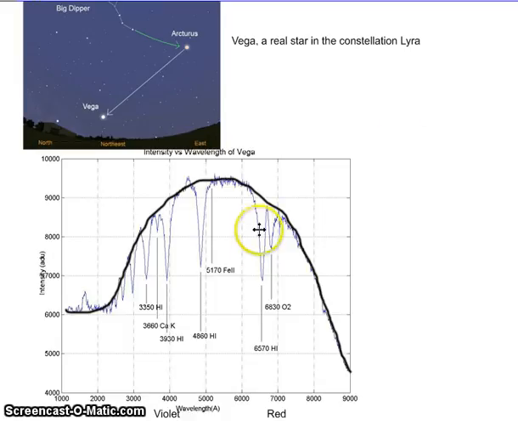This is its actual spectrum taken by a photometer, and you see again its wavelength down here, intensity. I've kind of superimposed an overall shape here, which looks familiar to us, but notice how many dips there are. Okay, lots of dips.